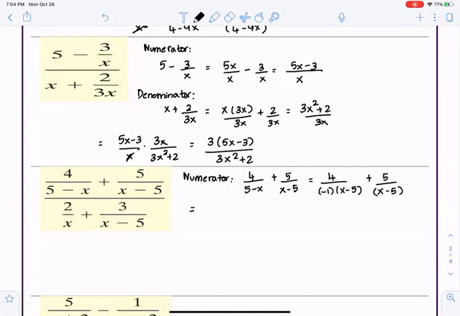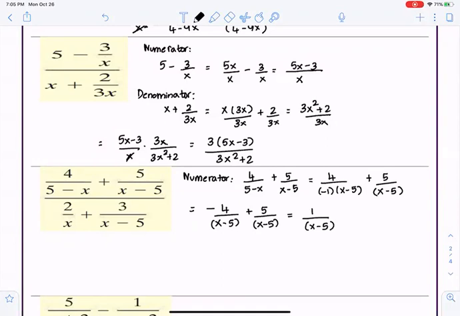But whether you have that negative 1 in the denominator or numerator doesn't matter. So I'm going to write it as minus 4 over x minus 5 plus 5 over x minus 5. I have a common denominator now, so I can combine the numerators. 5 minus 4 is 1 divided by x minus 5.